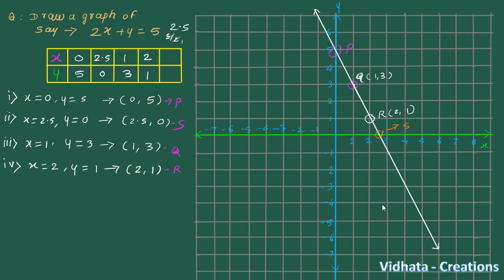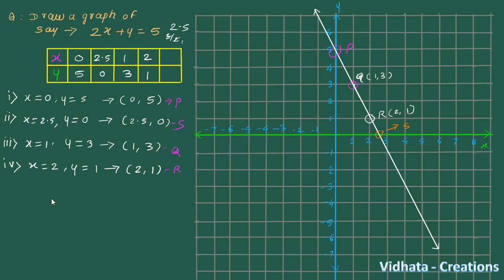In this way, by using solutions, we can find the graph of a linear equation in two variables. Now let us repeat what we have done.